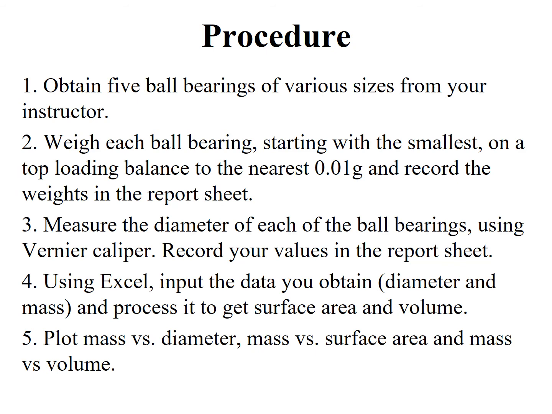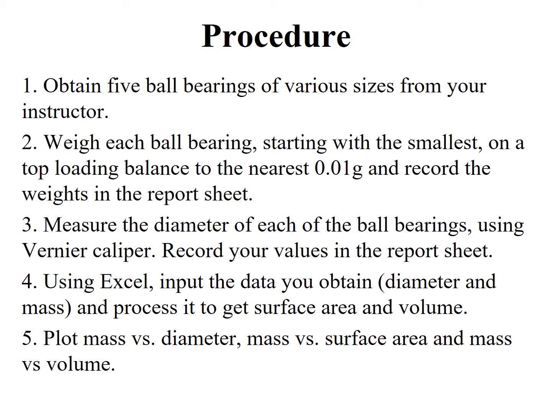For the procedure of the experiment, there are 3 parts. For the first part, you're going to be given 5 ball bearings of various sizes from your instructor, and you're going to weigh each of these ball bearings, starting with the smallest one, on a top loading balance to the nearest 0.01 gram, and record the weights, or the mass, in the report sheet.